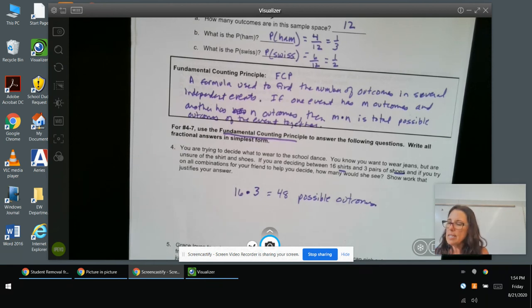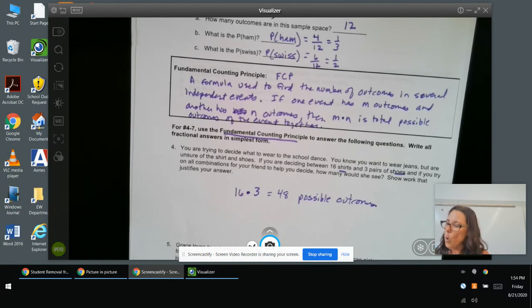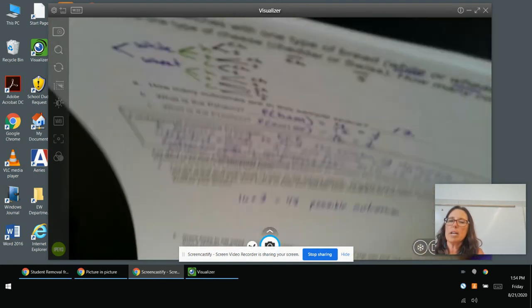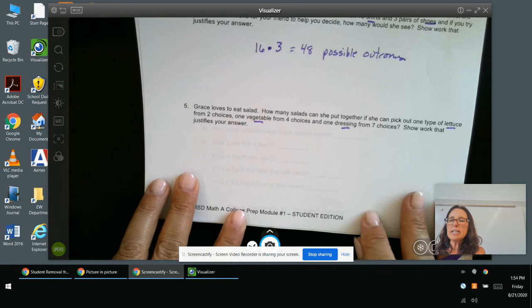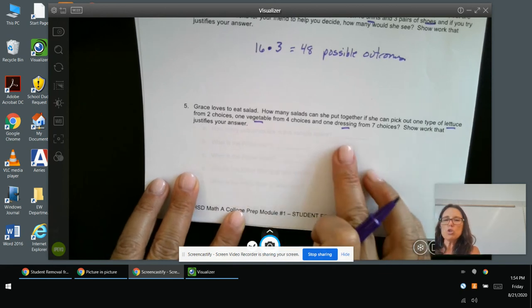Okay, Grace loves to eat salad. How many salads can she put together if she can pick out one type of lettuce from 2 choices? So we've got 2 kinds of lettuce, vegetables from 4 choices, and dressing from 7 choices. Okay, so I've got lettuce, vegetables, and dressing.